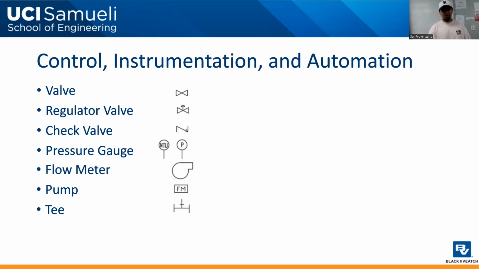Thank you, Giselle. I will now be talking about the control, instrumentation, and automation for our system. Starting with our valve, the purpose is to control the flow of water in certain parts of the system. Next would be our regulator valve that has the purpose of maintaining desired downstream pressure. Next would be the check valve, which allows the fluid to flow in one direction only, preventing backflow as well. Next, we have the pressure gauge, whose purpose is to monitor the pressure within certain parts of the system.